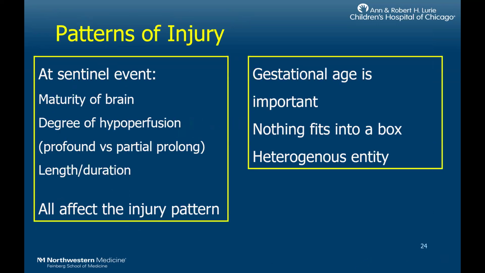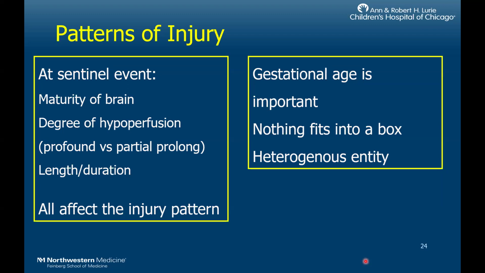And then more HIE cases. And we're going to talk more about the patterns of injury now. So as I mentioned, the sentinel event is important, and at that event we need to know what the gestational age or maturity of the brain is at the time of the event, because that will help define the pattern that you see, plus the extent of injury.